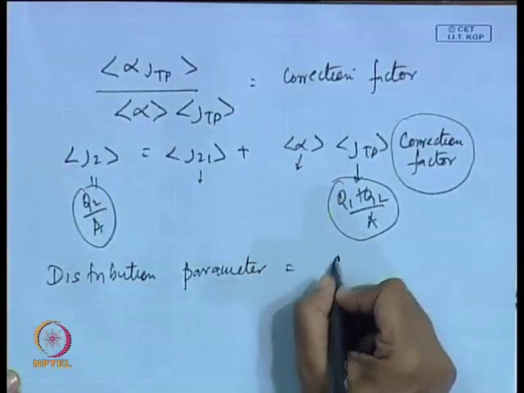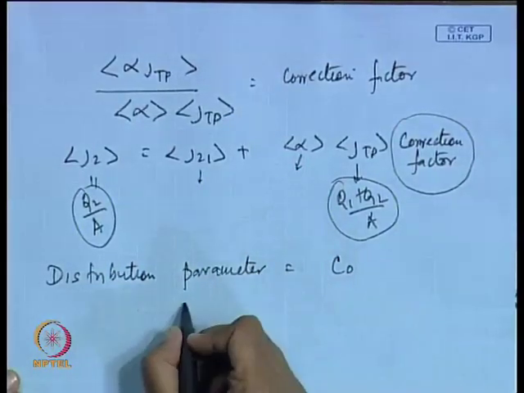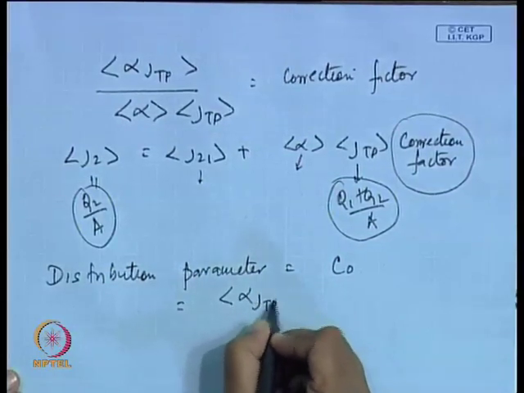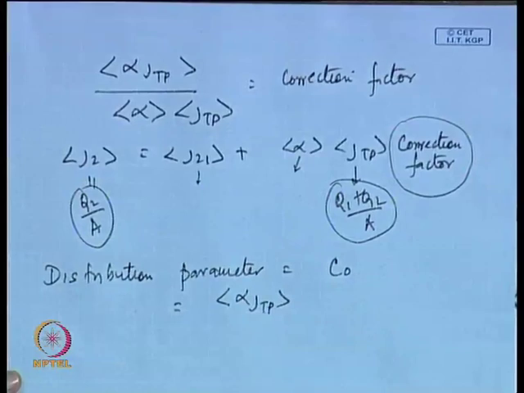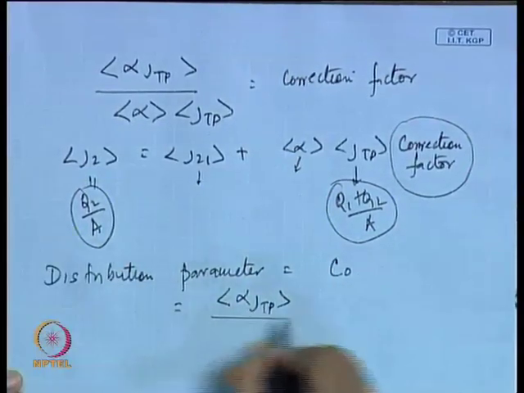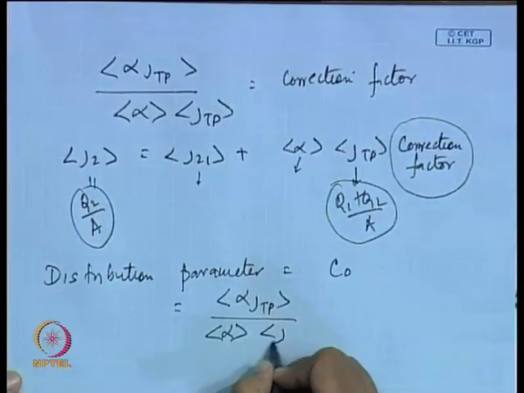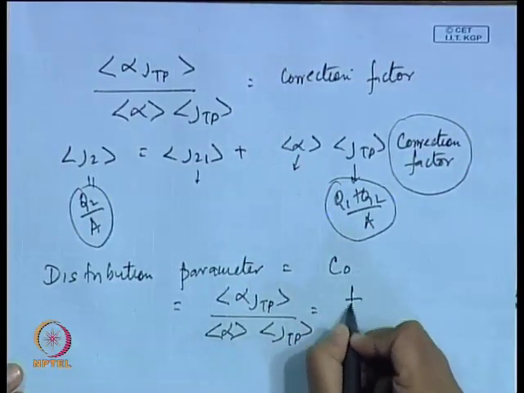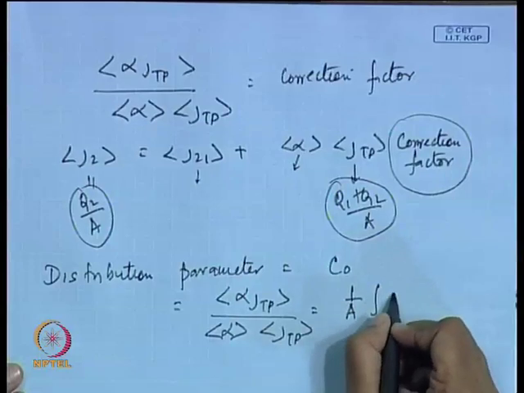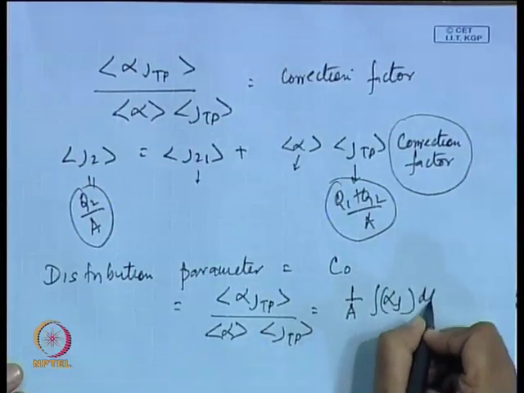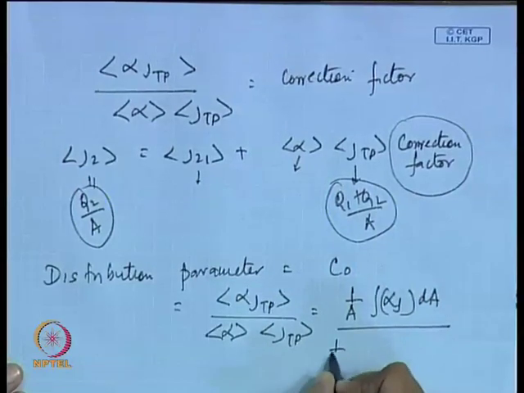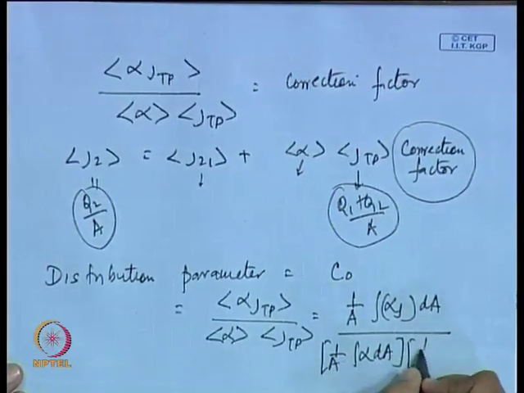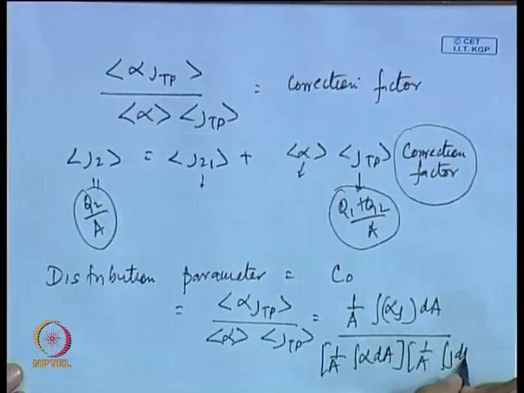This is defined as C0, which can be defined as alpha J over alpha times J. This is the definition, or in other words, if you break it down, this is 1 by A integral alpha j dA divided by 1 by A integral alpha dA into 1 by A integral j dA.